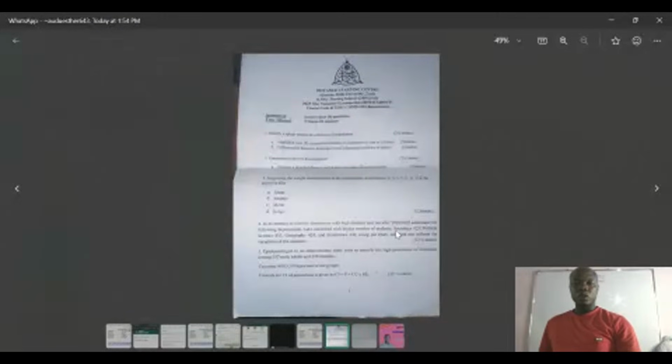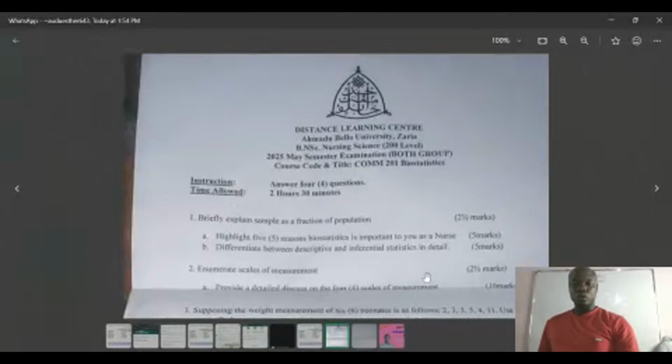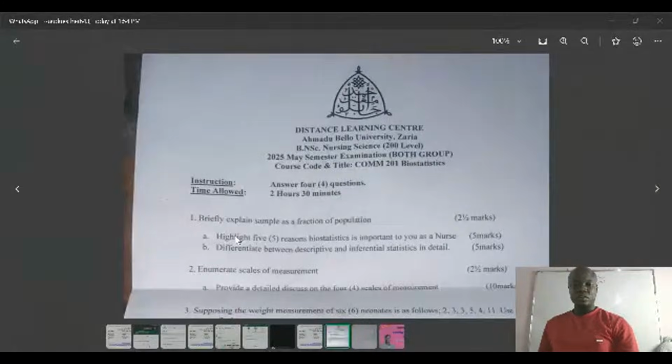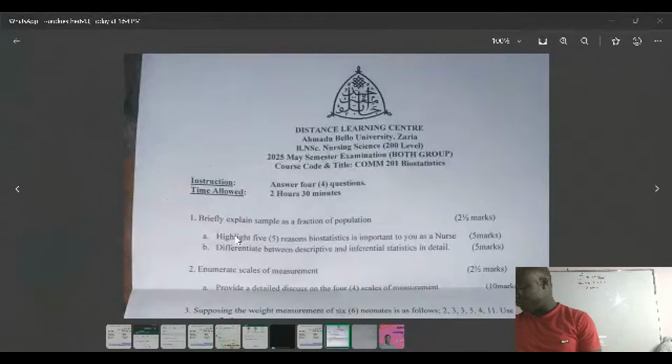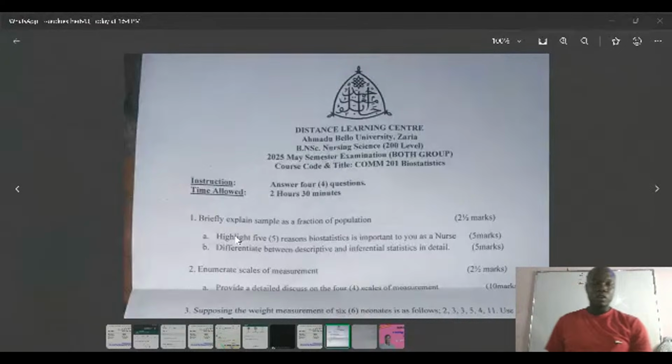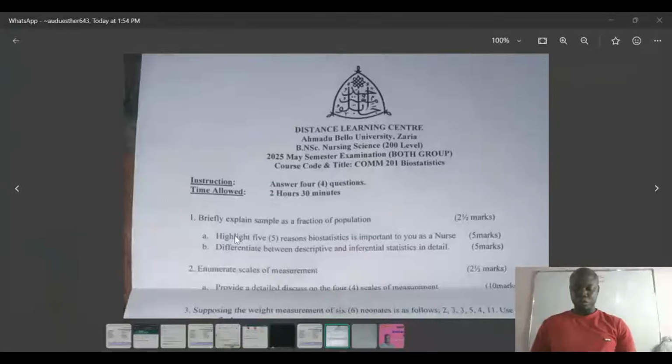So this is the question paper that we are going to solve. I hope from here you can see the question paper very well.